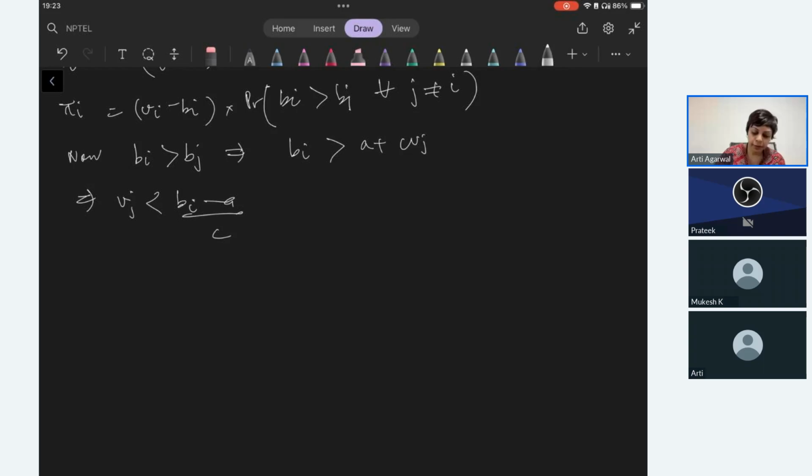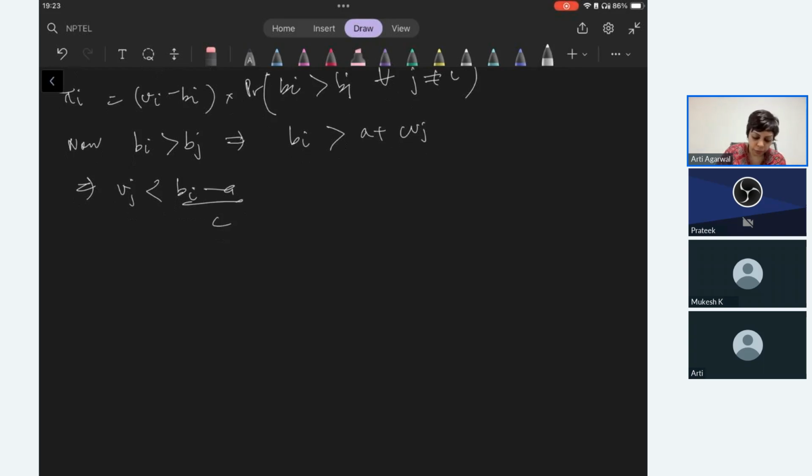In the 2-player case, we had only one player, but in the n-player case, we have n minus 1 players to consider. Probability Vj less than (Bi minus A) by C.